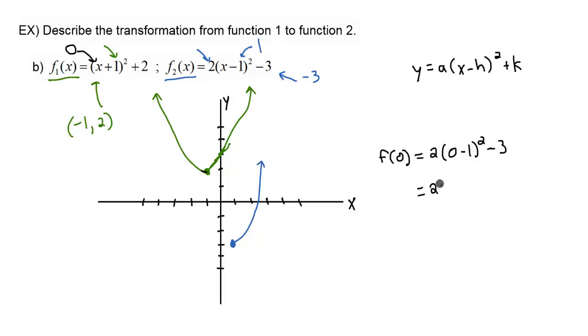This is going to be 2, and then negative 1 squared, subtracting 3. We're going to have 2 times negative 1 squared is a positive 1, and then we're subtracting 3. 2 times 1 is 2, and we got minus 3, and then we're left with negative 1. So the y-intercept is going to be negative 1, because when our x value is 0, our y value is negative 1. So I know that my curve should go through that point right there.